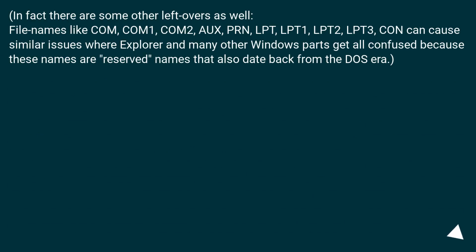In fact, there are some other leftovers as well. File names like CON, COM1, COM2, NUL, PRN, LPT1, LPT2, LPT3 can cause similar issues where Explorer and many other Windows parts get all confused, because these names are reserved names that also date back from the DOS era.